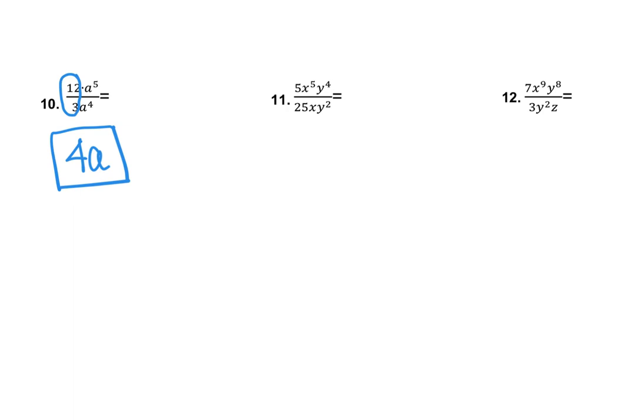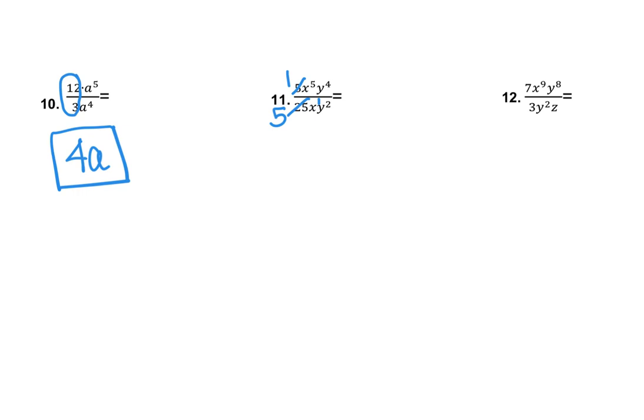For question number 11, we have 5x to the 5th, y to the 4th, all over 25x y to the 2nd. Now, if you were just going to simplify 5 all over 25, you would say 5 goes into 5 one time, and you'd say that 5 goes into 25 5 times.